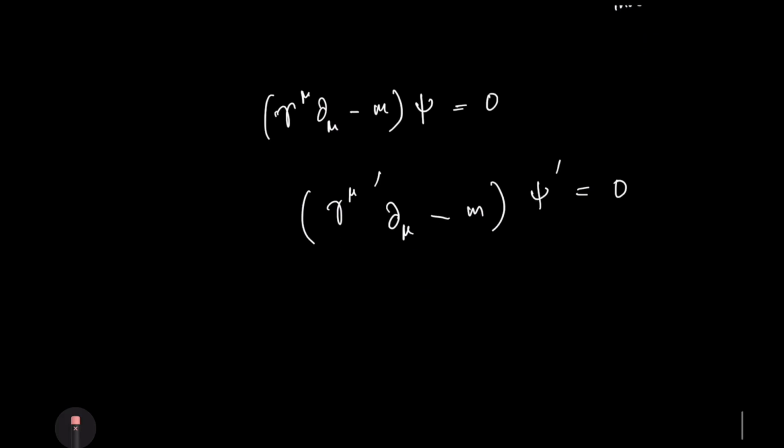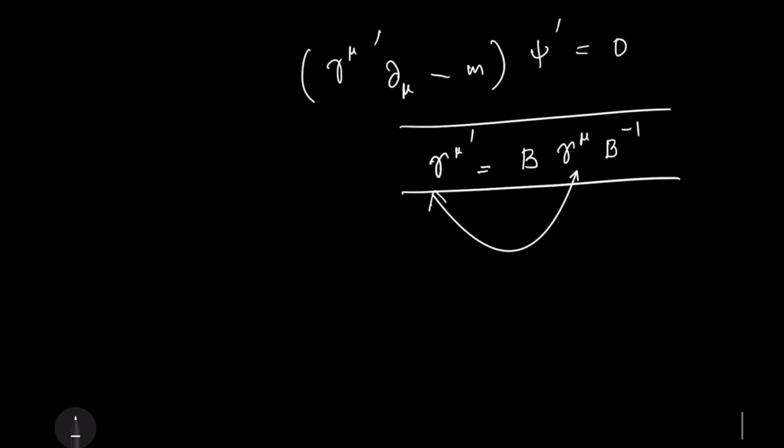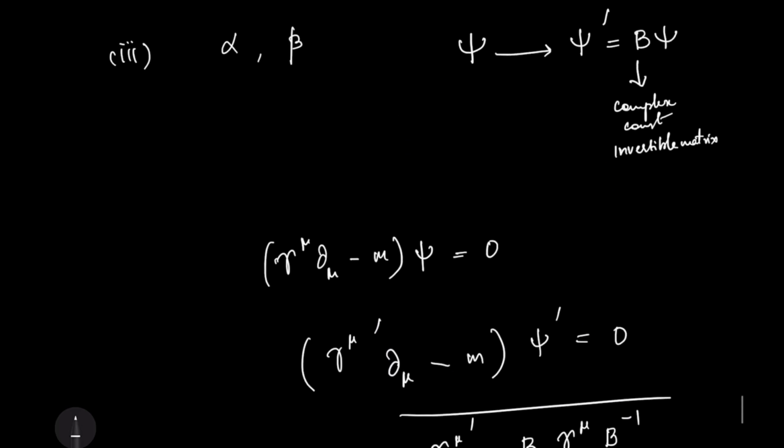And the relation between gamma mu and gamma mu prime will be gamma mu prime is equal to b gamma mu b inverse. So we can do a basis transformation, but it should not change the physics. Therefore, the sets of gamma mu related by a similarity transformation are equivalent, otherwise the physics will change.